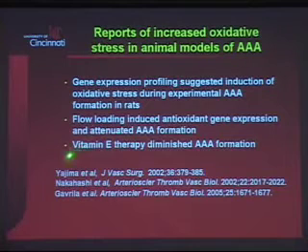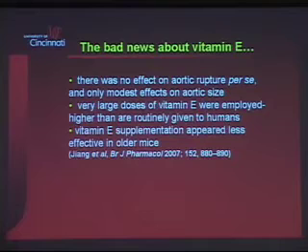And to my knowledge, his lab was the first to show that actually treating with vitamin E could ameliorate the aneurysm process in his model. We also showed that treatment with the antioxidant vitamin E could ameliorate aneurysm formation in the angiotensin II model. Of course, there's not a lot of good news about vitamin E, either clinically or experimentally.